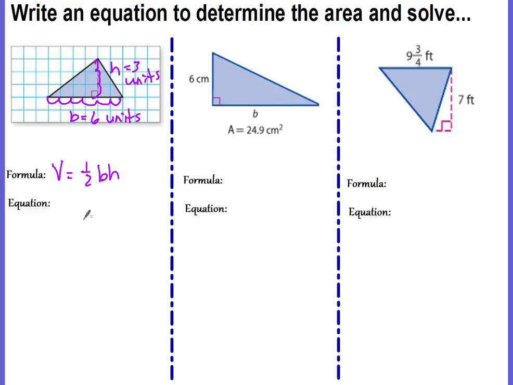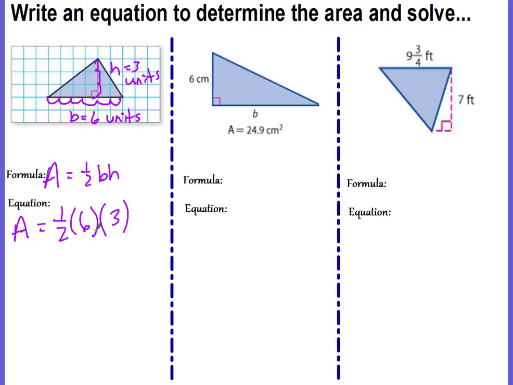And now we just plug everything into our formula. V, we're looking for the, I'm sorry, I got ahead of myself and nobody said anything. We're not looking for volume, are we? We're looking for area. Sorry about that. All right, we're looking for the area, so the variable A is equal to 1/2, the base is 6, and the height is 3. There's our equation, and we're now ready to do the math.